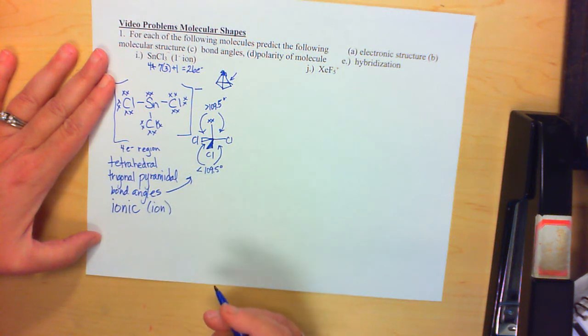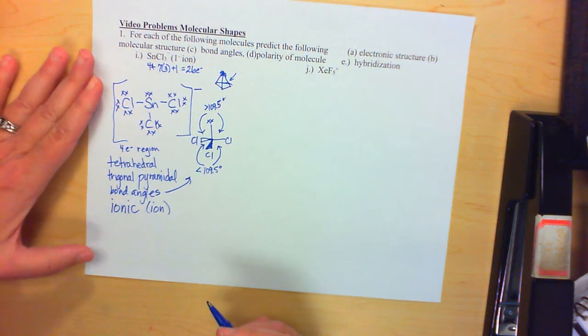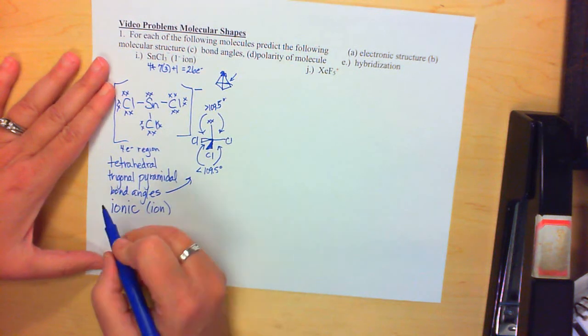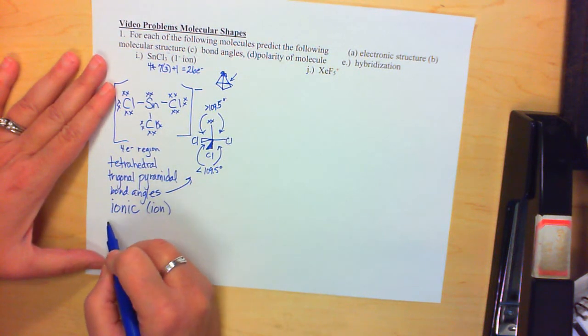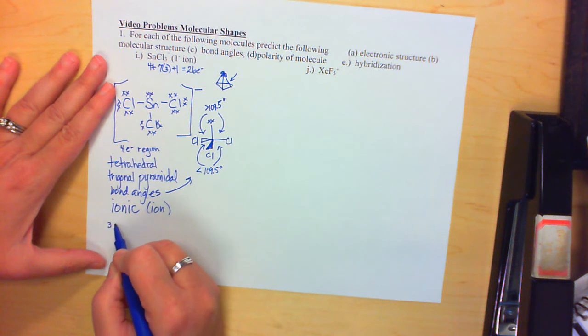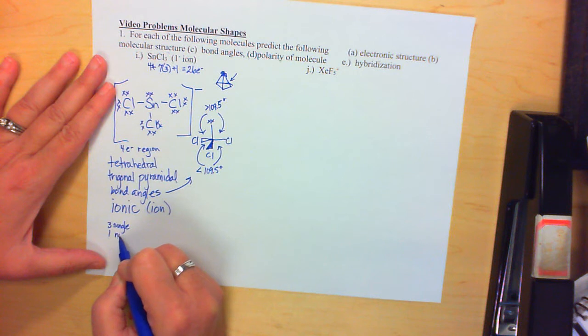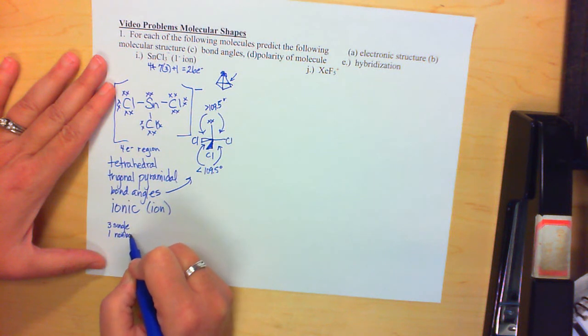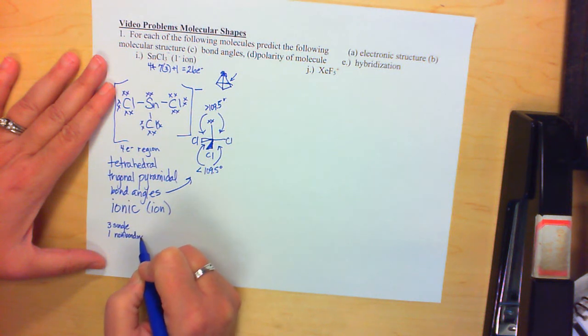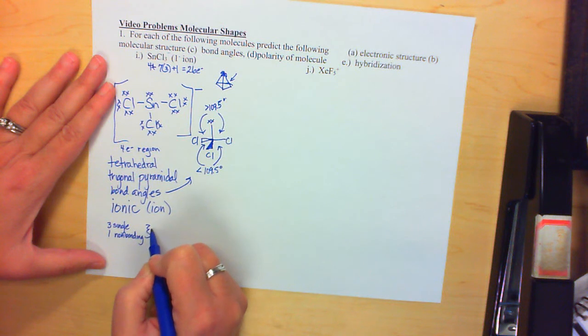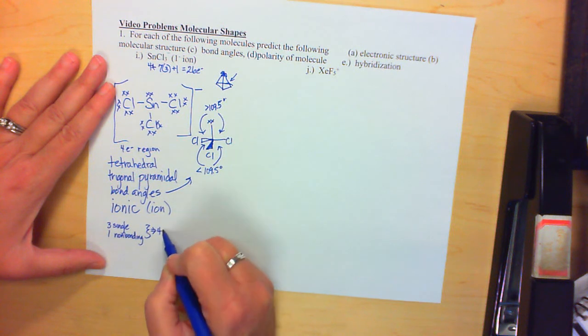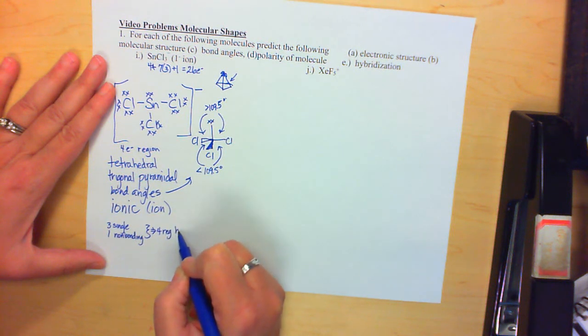But there is no polarity here because it's not a neutral molecule. But we do have hybridization. So for hybridization, we're back to 3 singles and 1 non-bonding. That, last time I checked, adds to 4 regions that have to be hybridized.